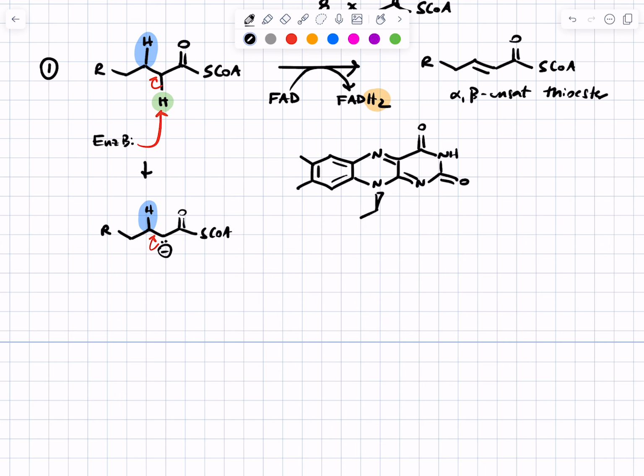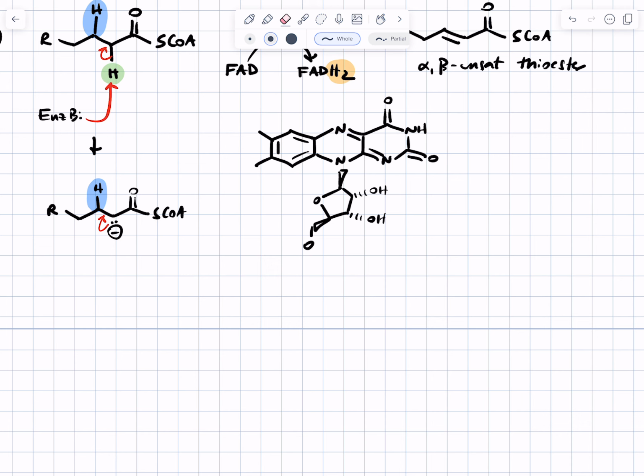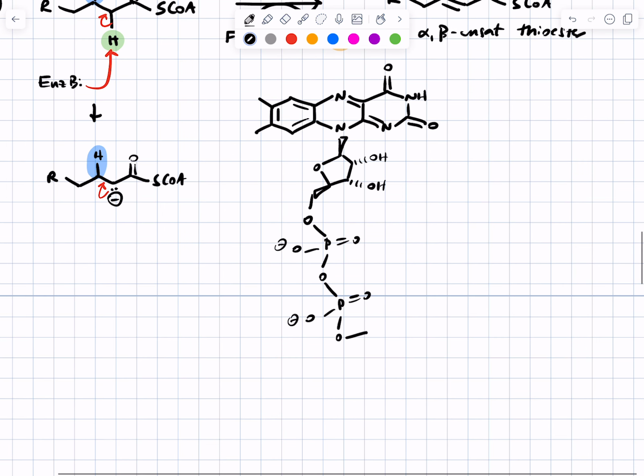The nitrogen is attached to a ribose ring. That's the ribo part of riboflavin. And then you have a phosphate bonded to another phosphate. And then that second phosphate is bonded to another ribose ring.